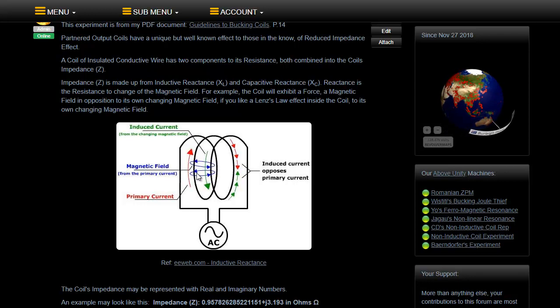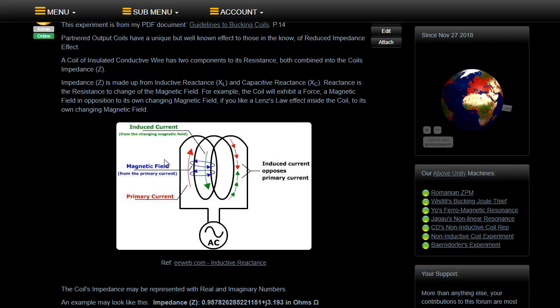So as the current is changing one way, that change in current between the turns creates a voltage on the opposite turns, and the voltage is in opposition to the applied voltage, and therefore the applied voltage is restricted by a current that tries to flow in the opposite direction.